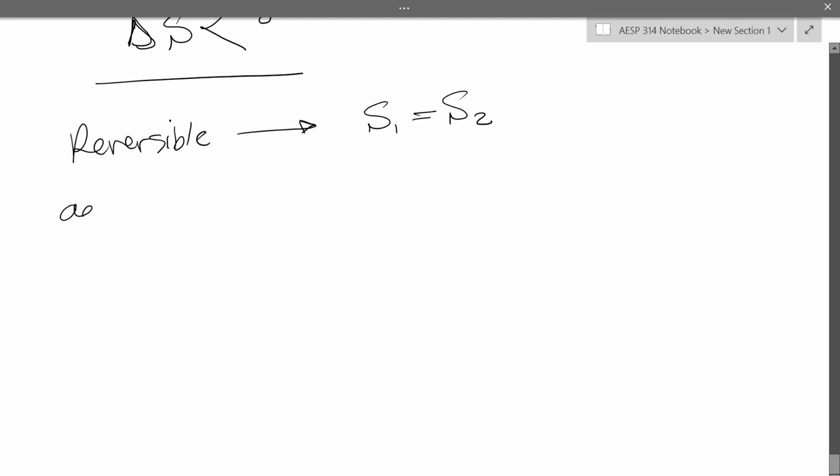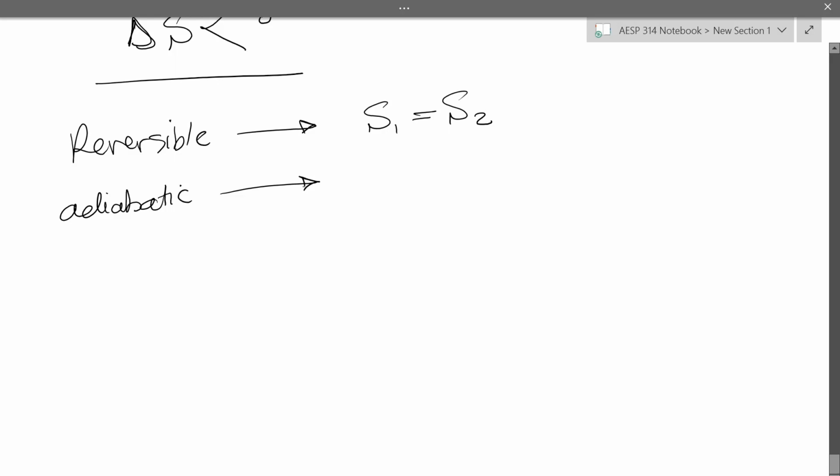The other type of process we have is the adiabatic process. What is an adiabatic process? Zero work is done on the system, right? Zero work? Anyone else? What does it have to do with heat?